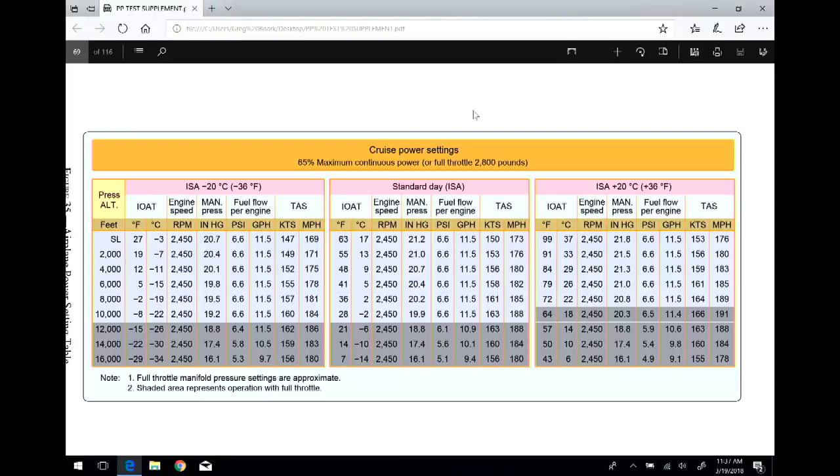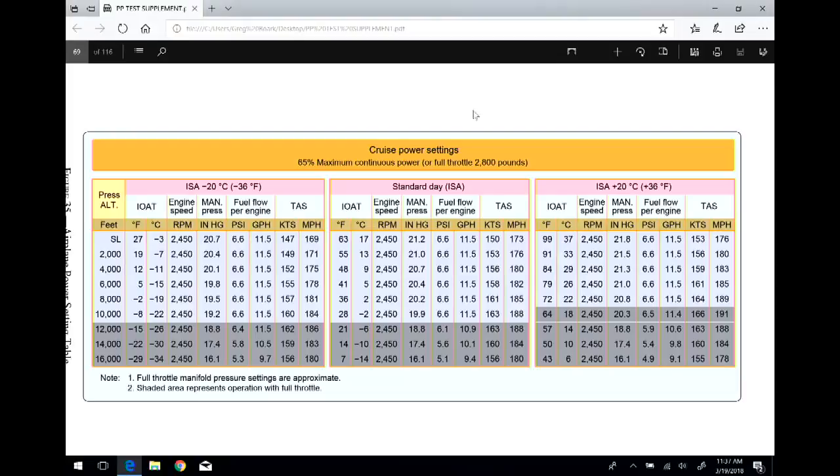But then we can look and say, okay, if I back that off a little bit and I lean the way I'm supposed to lean at altitude, to see what my fuel flow might be. Not only does it give me a fuel flow, but it's also going to give me a true airspeed. And what is it that I need to list on my pre-flight plan? My proposed true airspeed. So this is where we get it.